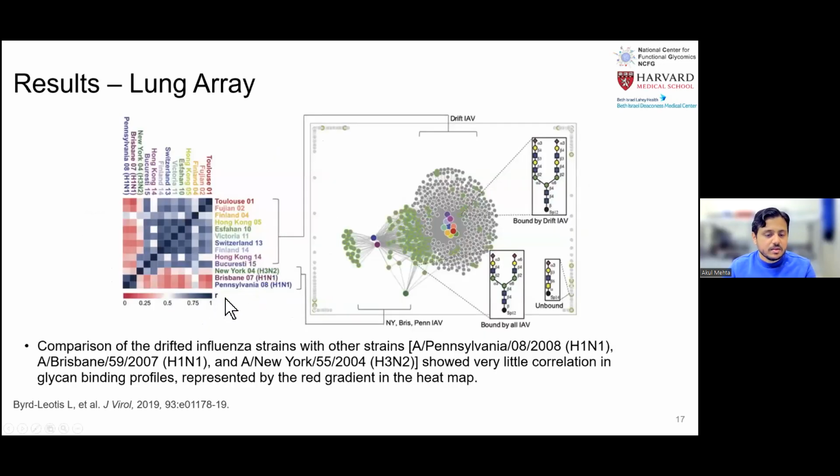The second use case for this was the human lung array.